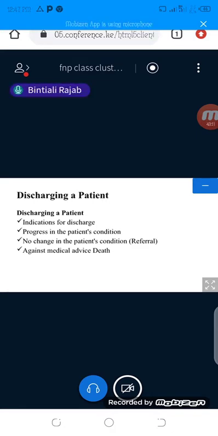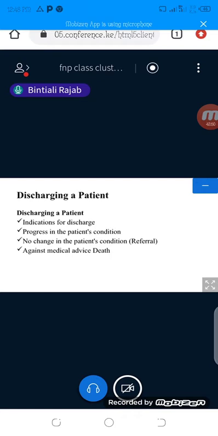Somebody is asking, what are the reasons for transferring a patient? Remember, we have said you might need to transfer the patient based on the condition of the patient. If you are in a general ward and the patient has worsened in condition, you transfer for specialized management. You might need to transfer to ICU so that they can get specialized management. Or you transfer because maybe this particular ward does not have a dialysis machine, and the patient needs one, so you can transfer to the renal unit.